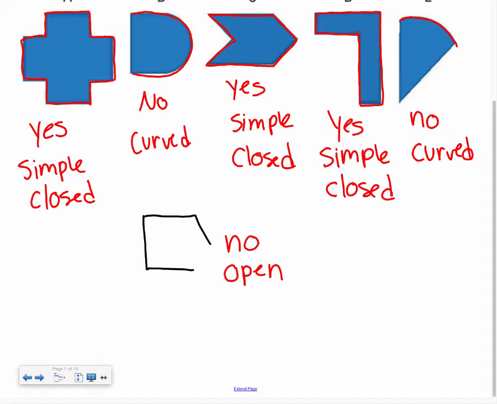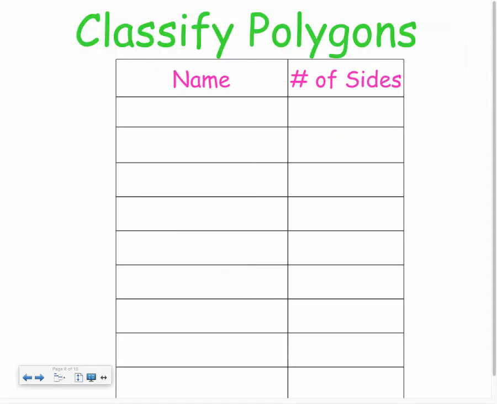Just like we can classify quadrilaterals, we can also classify polygons. So we've looked at a couple of these already. Back in section 2, we were talking about triangles. Those have 3 sides. Earlier in this lesson, we talked about quadrilaterals.